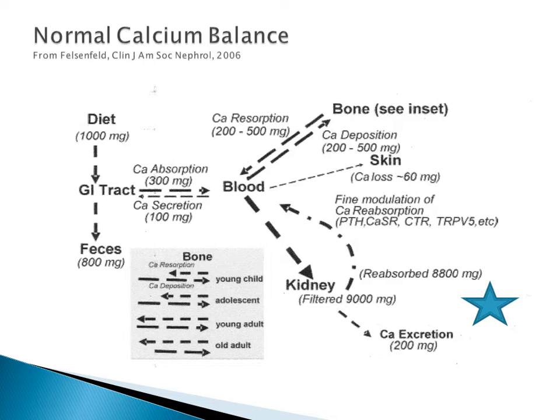Okay, before we get started, I want to review with you just briefly normal calcium balance. We're going to be emphasizing the importance of calcium here. And looking over on the left-hand side of the slide, you can see that if you have a diet with 1,000 milligrams of calcium intake per day, which is fairly typical, some of that will be lost in the feces, as you can see, 800 milligrams, but there will be some absorption, and of course vitamin D will enhance that absorption from the GI tract into the bloodstream.